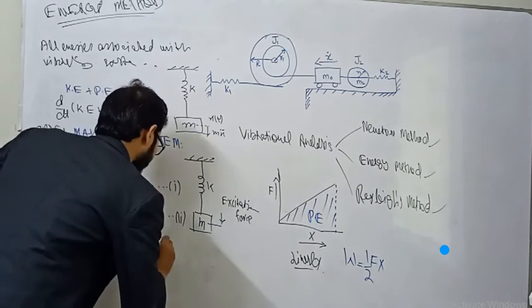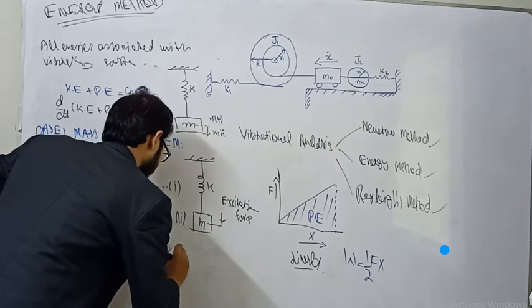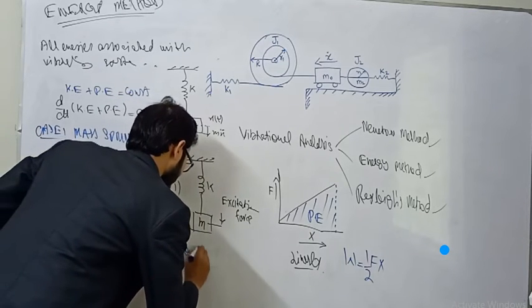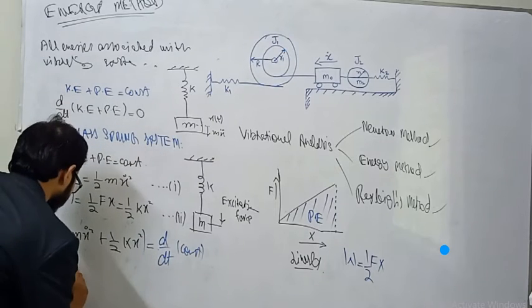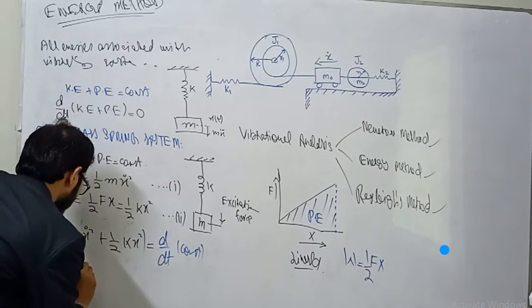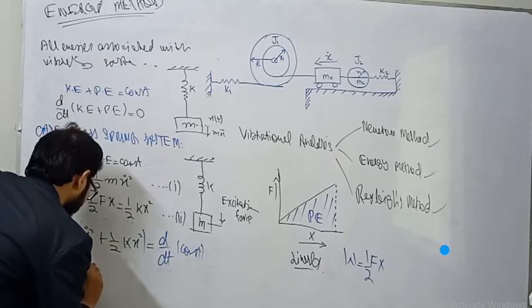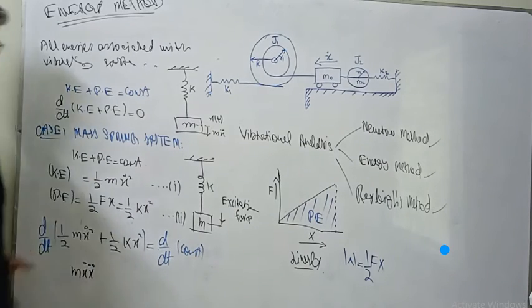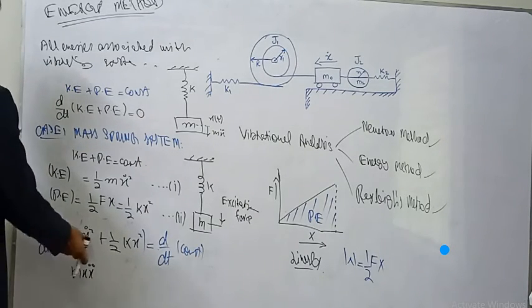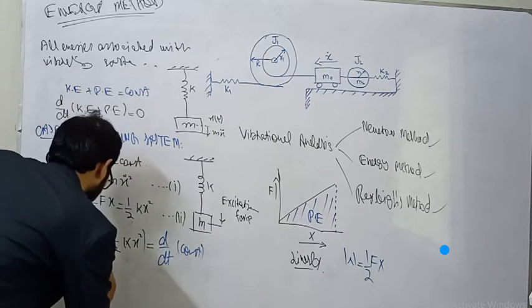So I am doing it here directly. What will happen? We will get m x dot x double dot, and this 2 term will come here, that will cancel with it. We can simply take the derivative with respect to the variable x.